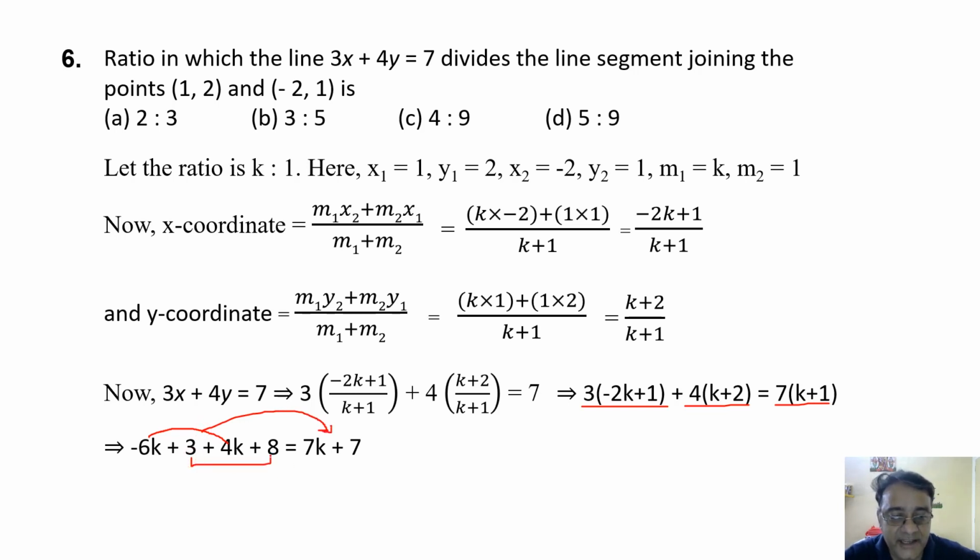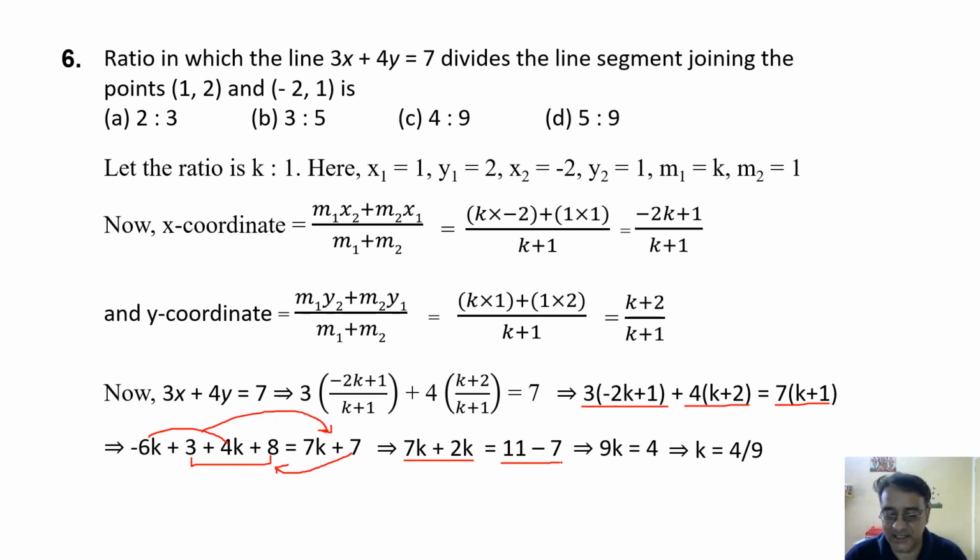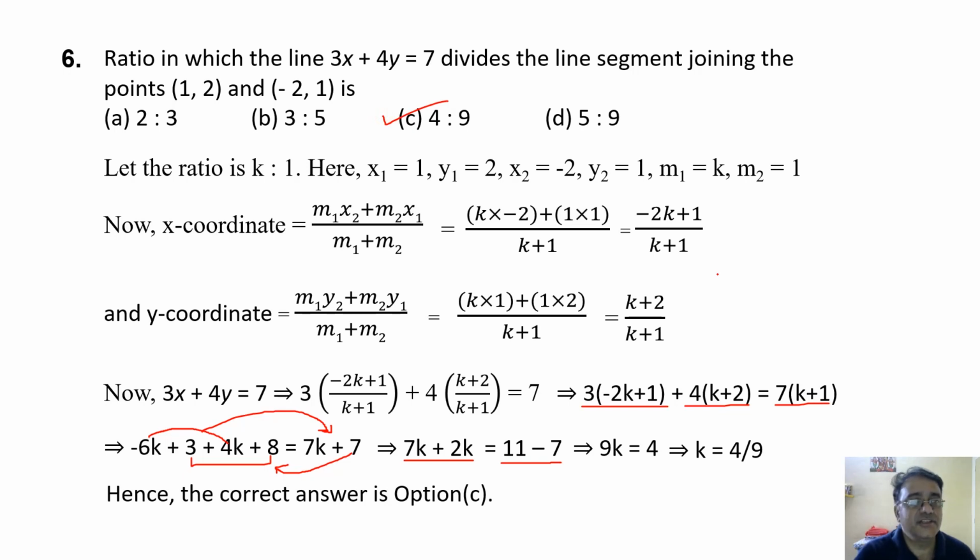Now 3 plus 8 is 11 and we will shift this 7 to this side. So it will become 11 minus 7. This is clear? Yes, sir. So 9k is equal to 4. So the final answer is 4 by 9. 4 by 9. So which option is the correct one? Option C. Option C, right. So this is question number 6.